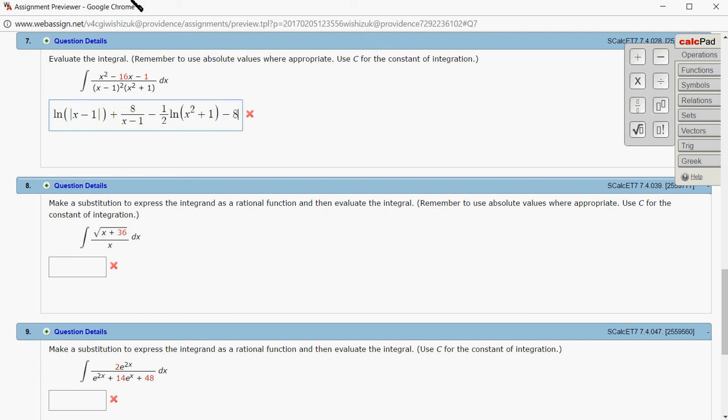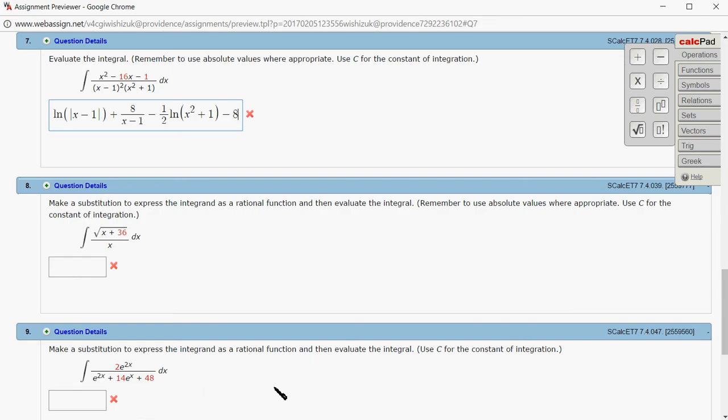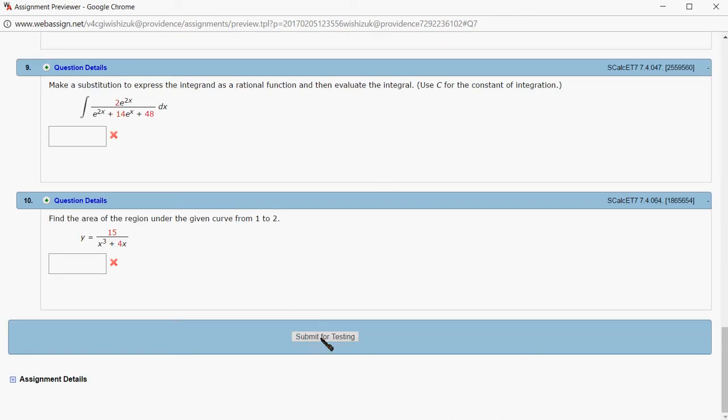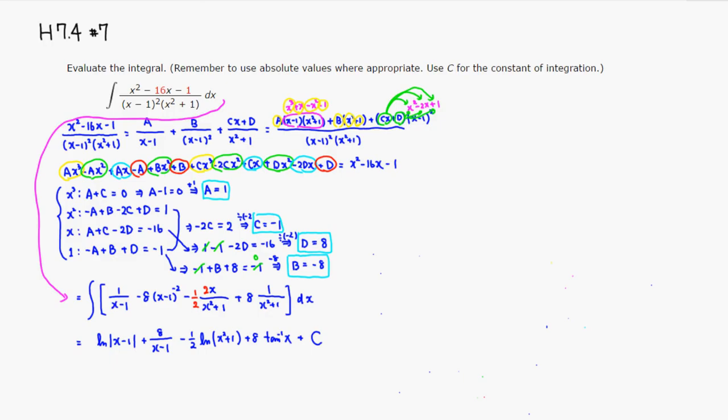Was it minus? Let's go back. It's actually plus, sorry. So this is a plus arctangent of x plus some constant c. Let's submit for testing. It came back and looks like we got this one correctly. That's it. I hope that this was clear.